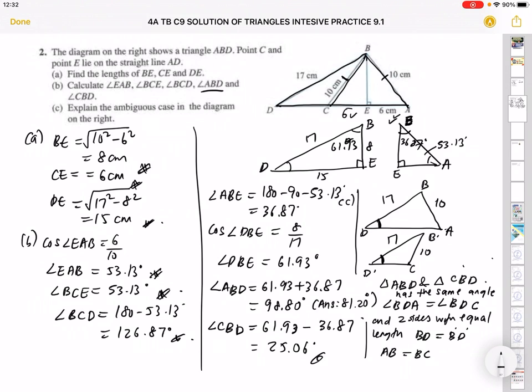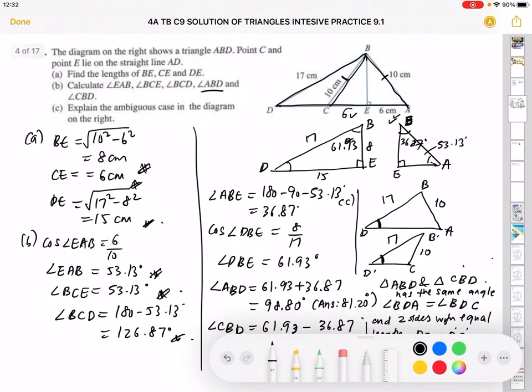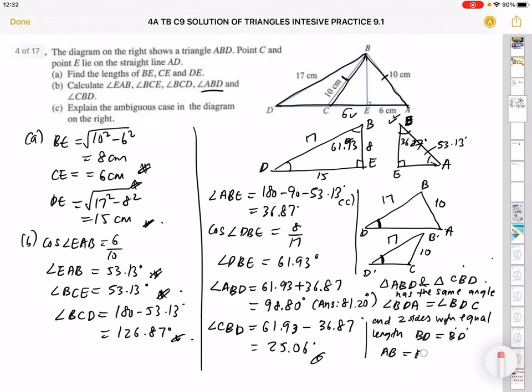AB and CB, that's better because it follows the same order. So AB and CB, we can put a prime there, because this length and this length are actually the same. Ambiguity happens when the opposite side of a given angle here is shorter than another given side, can you see? And therefore we can have two possible triangles with the same measurement.